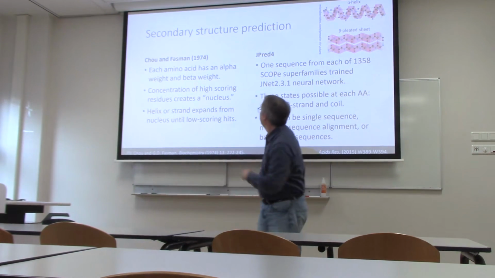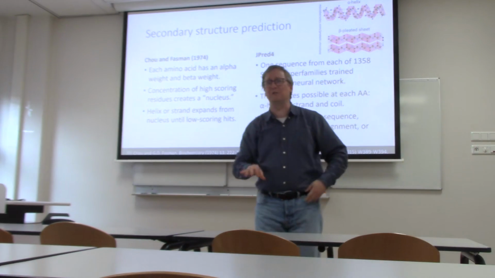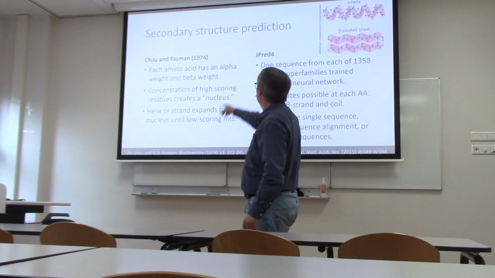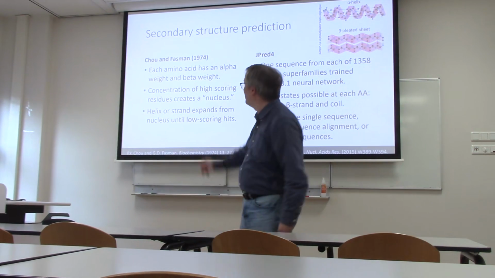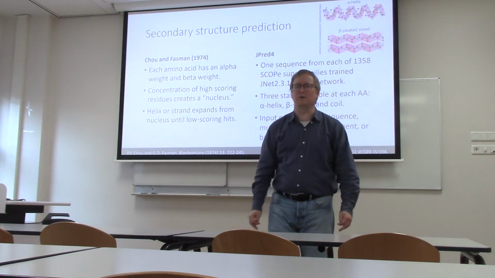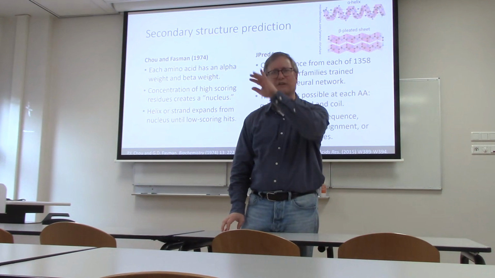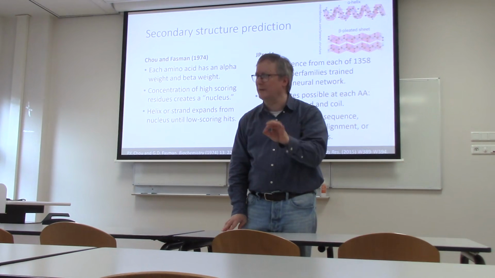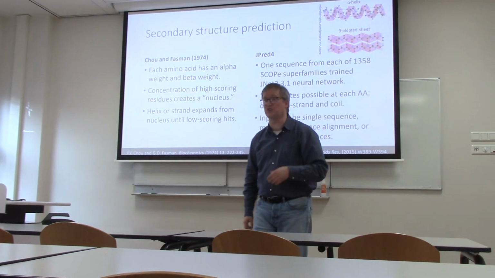Perfect, okay, good. So, I'm going to start once again with something old, and then we'll talk about something new. Chou and Fasman published this work the year after I was born. Chou and Fasman were concerned with how we can know which parts of an amino acid sequence are likely to form helices and which parts are likely to form strands that are going to be involved in sheets.